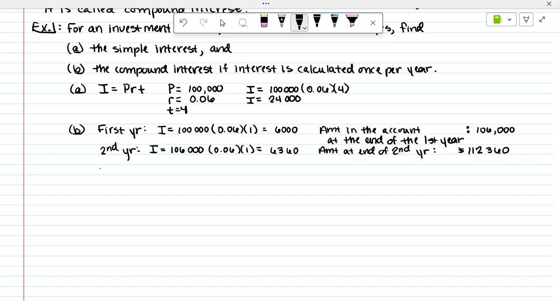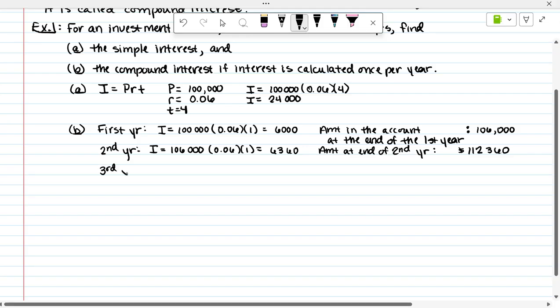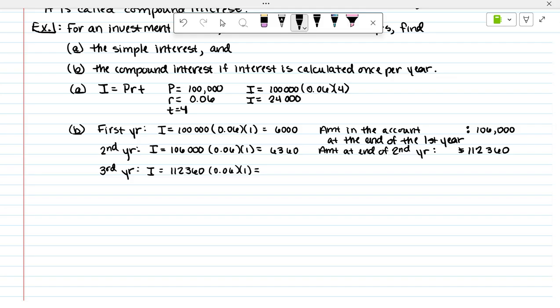for the third year. So going into the third year, I have I equals 112,360, right? Times 0.06 times 1 equals how much do we make that third year?